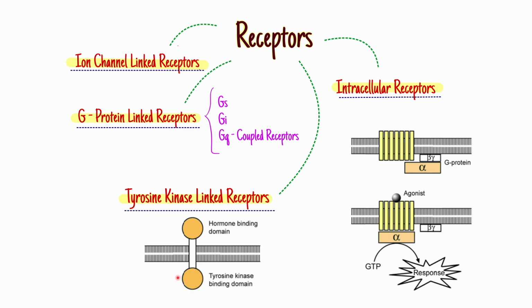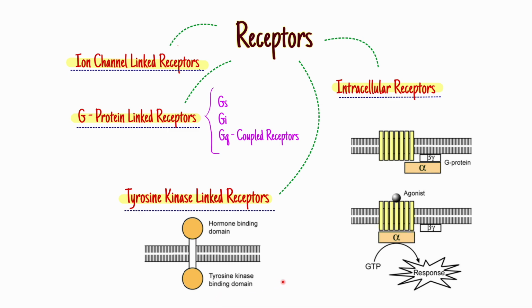The extracellular part is where the hormone connects, and the clearest example of a hormone that binds with this kind of receptor is insulin. Once insulin binds to this receptor, there will be a chain of reaction that will activate tyrosine kinase enzyme and so on, and it will help to meet the desired effect.